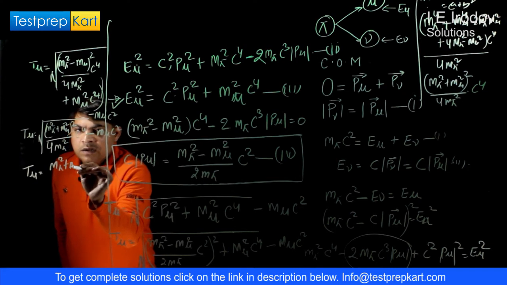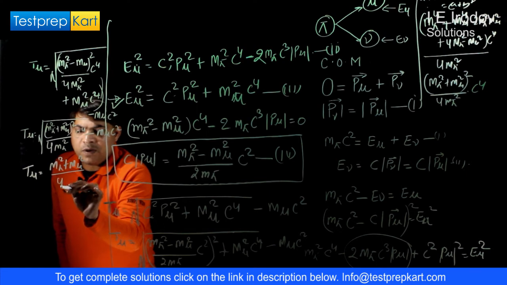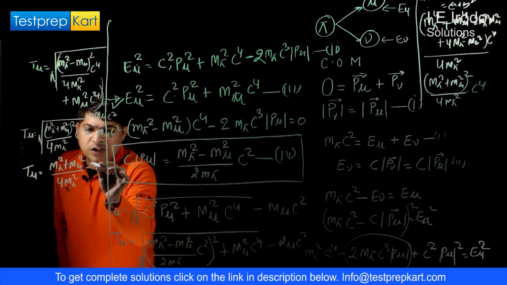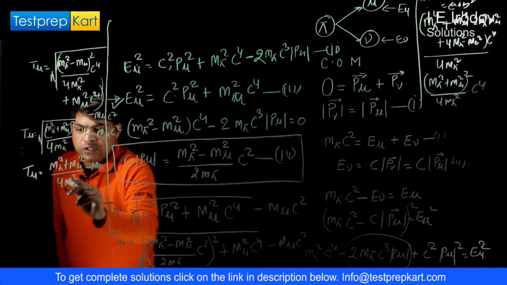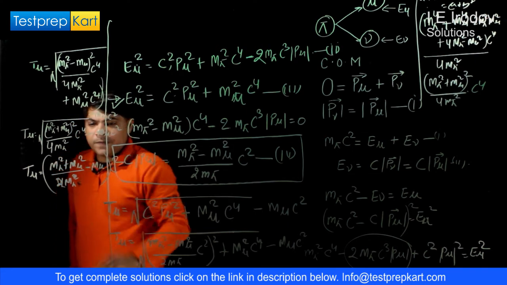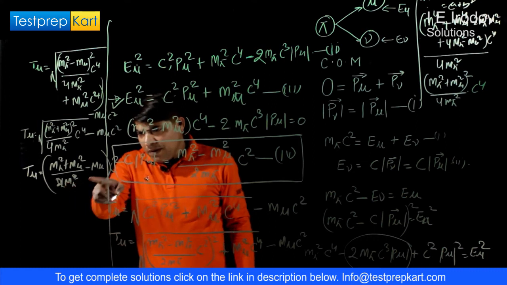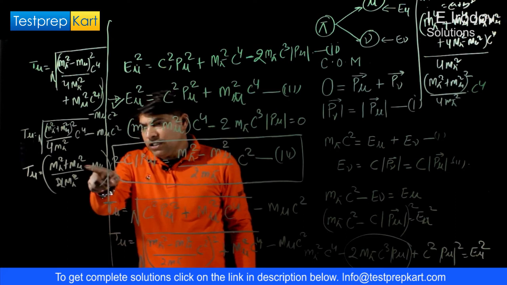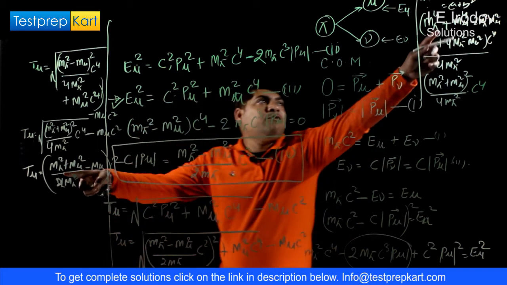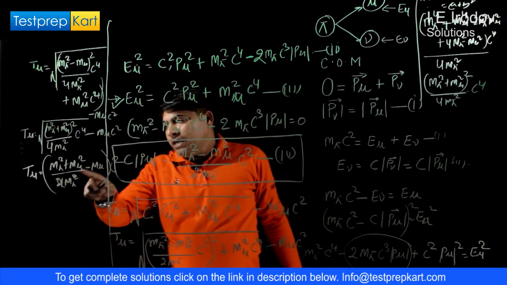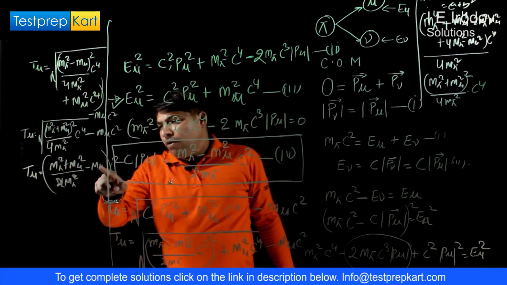we'll get T_mu equals (m_pi² plus m_mu²) upon 2m_pi into c², minus m_mu c². Now again, if we multiply this term here, we can use the same formula, that is m_pi² plus m_mu² minus 2m_pi m_mu, that is (m_pi minus m_mu) whole square.